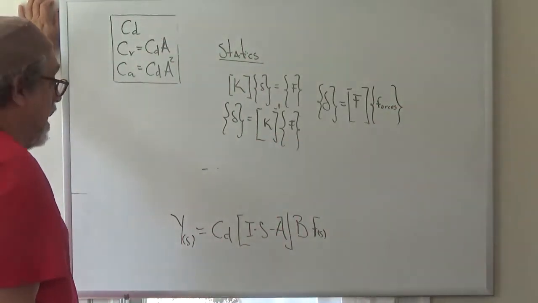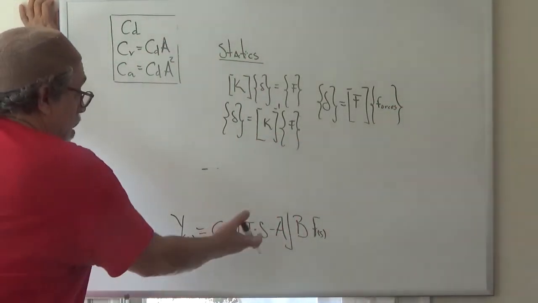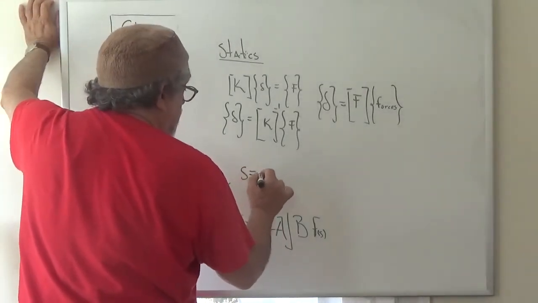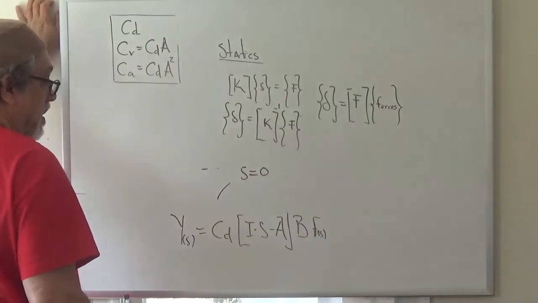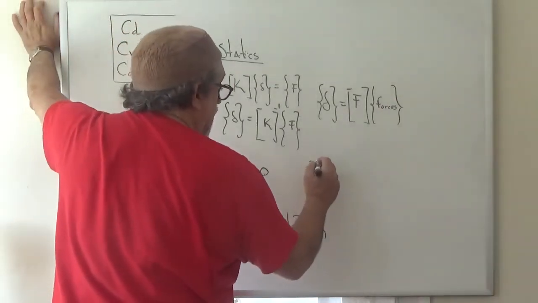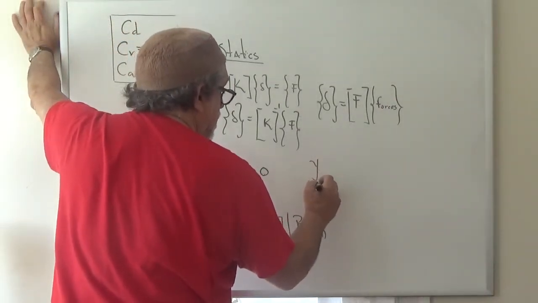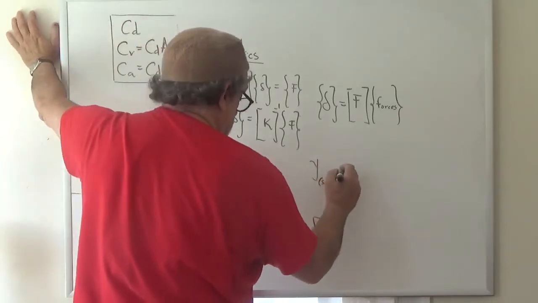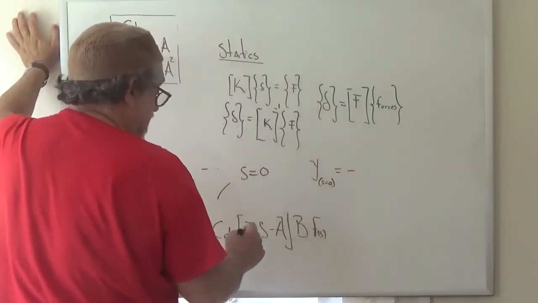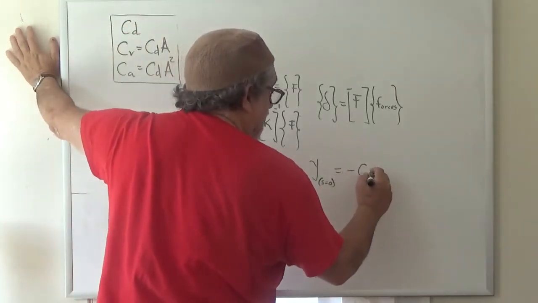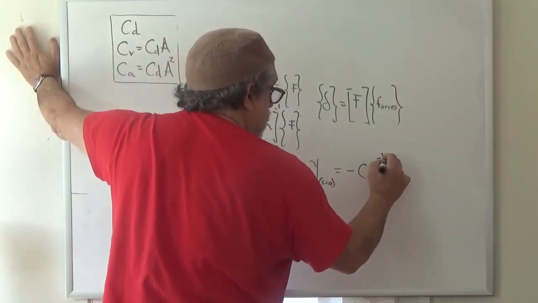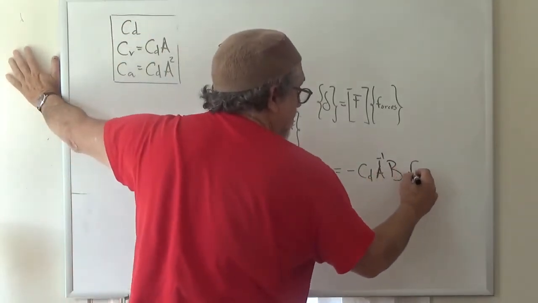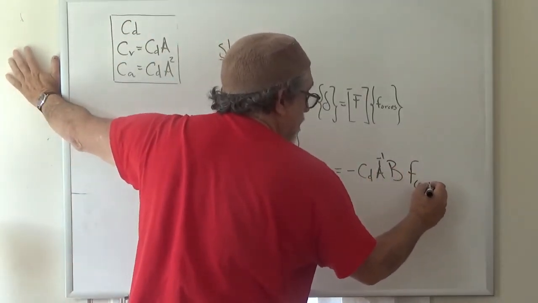Okay, now, if you come here and you take s equal to 0, then you would find that y at s equal to 0 is equal to minus cd times a to the minus 1 times b multiplied times f at s equal to 0.